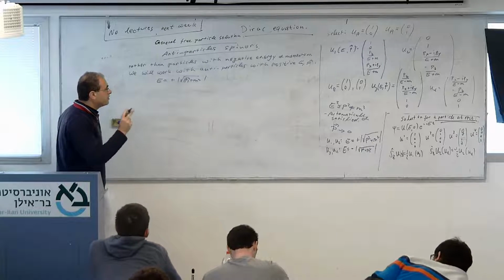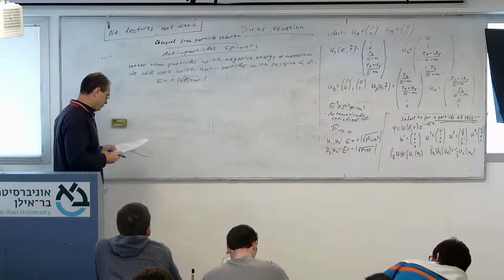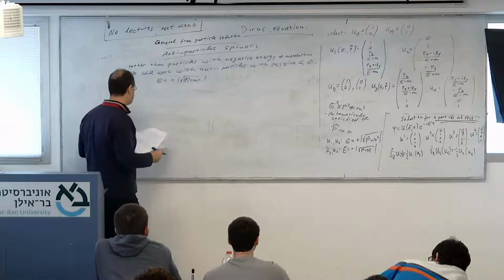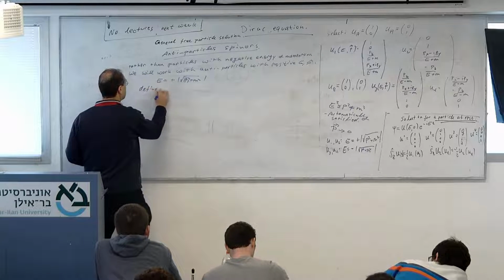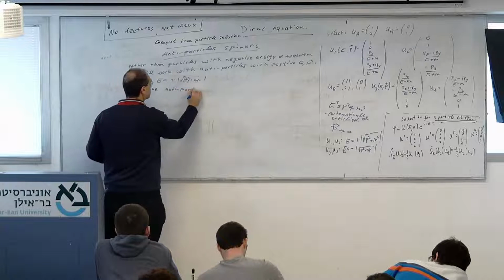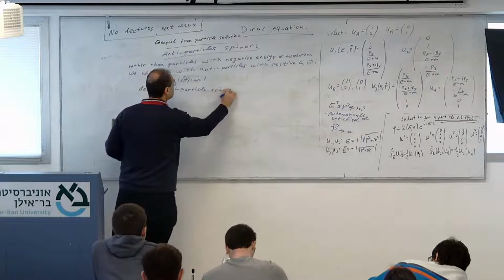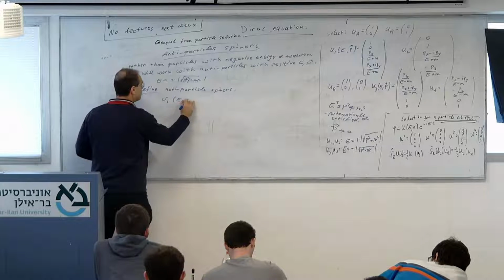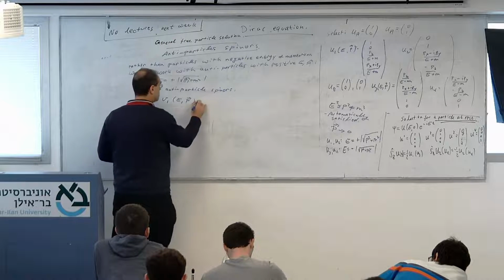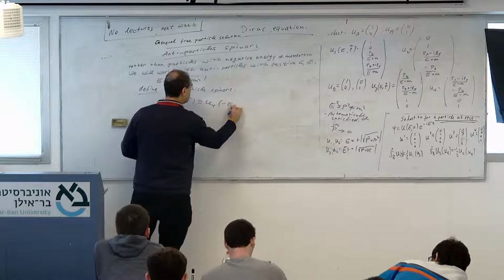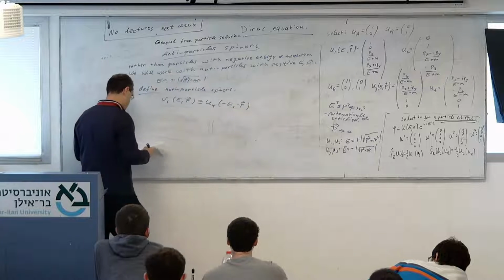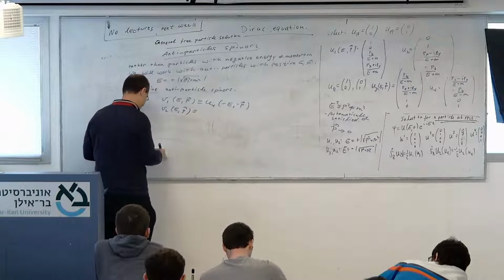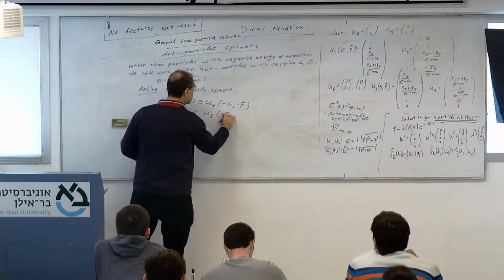So instead of the U3 and U4, we'll move to V1 and V2 by reversing the signs of E and P. So we'll define the antiparticle spinors. V1 of E and P will be U4 of minus E and minus P, and V2 of E and P will be U3 of minus E and minus P.